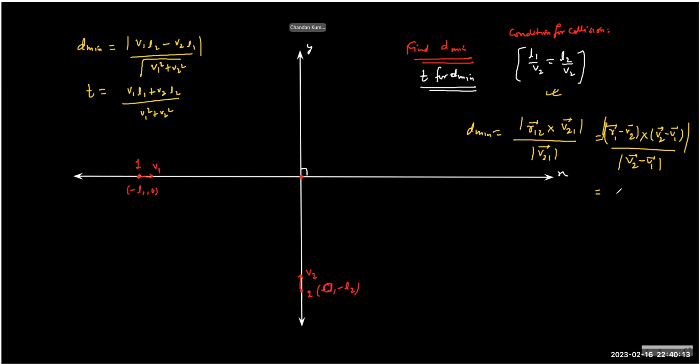What is R1? The initial coordinate is how much? Minus L1 I cap plus L2 J cap, cross V2, which is V2 J cap minus V1 I cap.